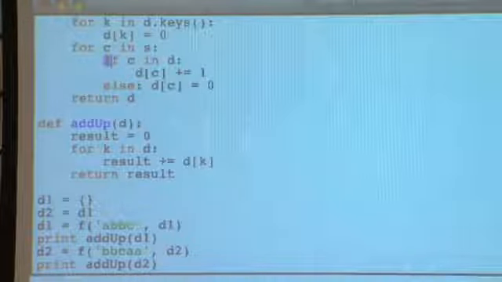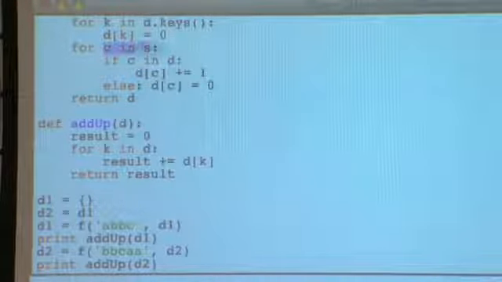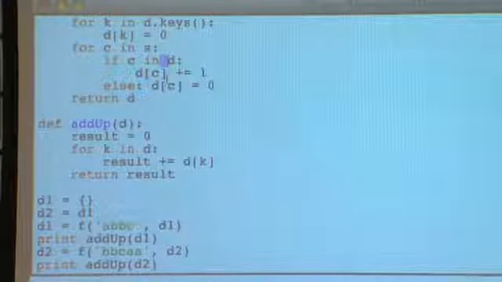Then we move on to the next character, B. B is not in the dictionary, so D of B becomes 0. Now we move on to the second B. B is now in the dictionary, so we increment B, right? So now D of B is 1. And then we move on to the final character, C, again not in the dictionary, so we set D of C to 0. Then we return the dictionary.